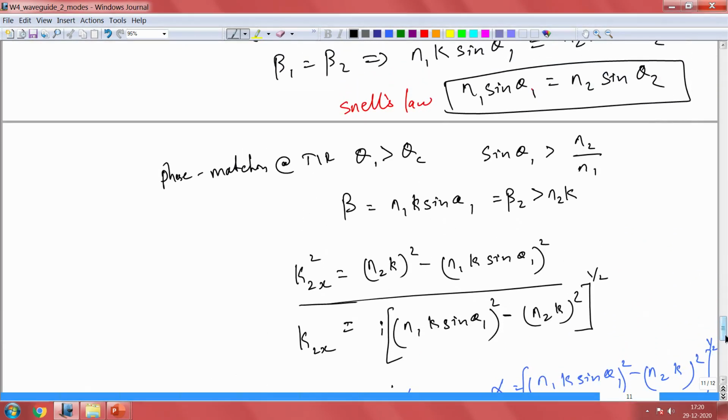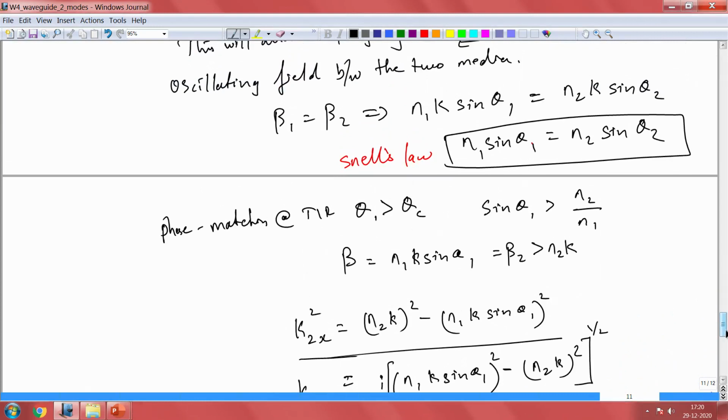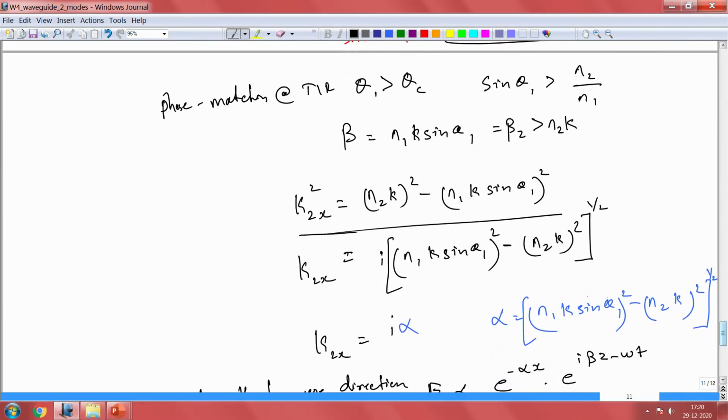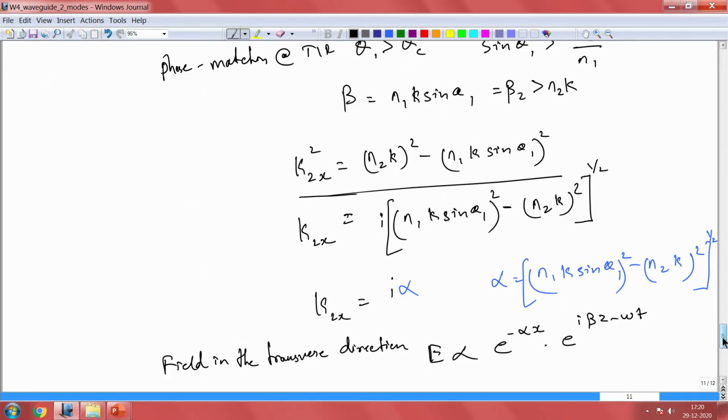simple k vector representation, and if you just simply do reorganization here, because of the magnitude of n1 k sin theta and n2 k, you will eventually end up with an imaginary k.